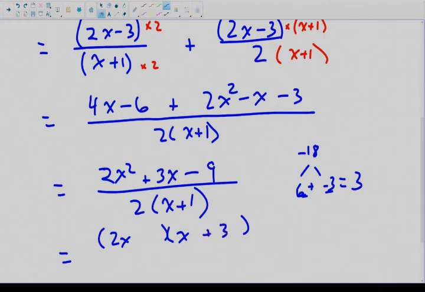That would be plus 3. And x times what equals negative 3 would be just negative 3, all over 2 times x plus 1. Now it did factor, but it did not simplify. But it's always a good idea to check just to make sure. And that is the answer to that one.